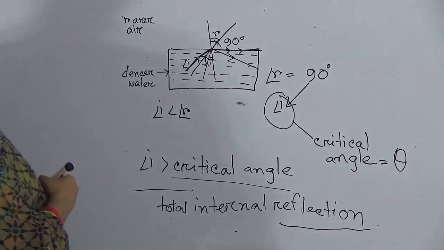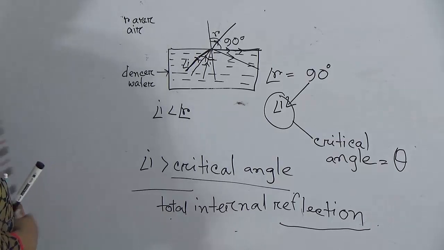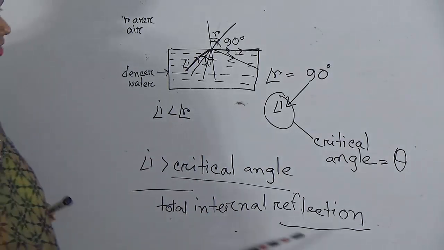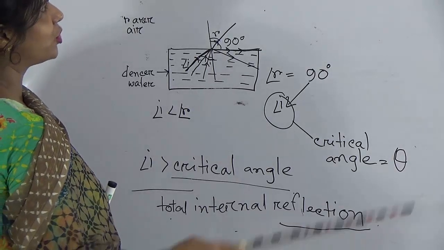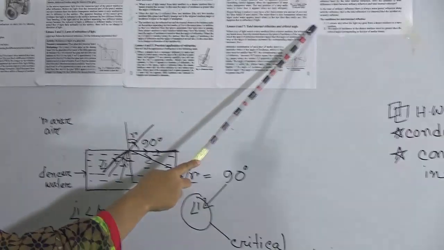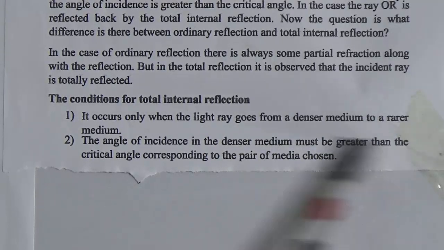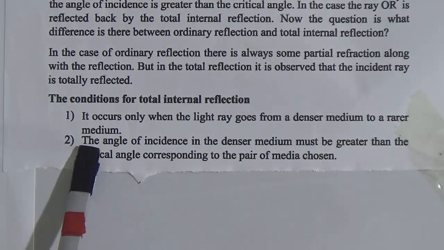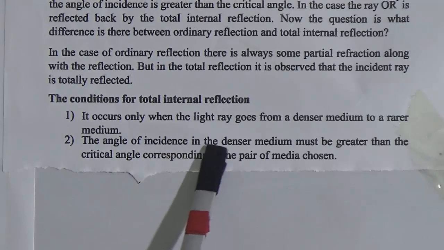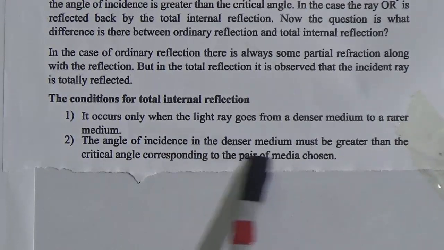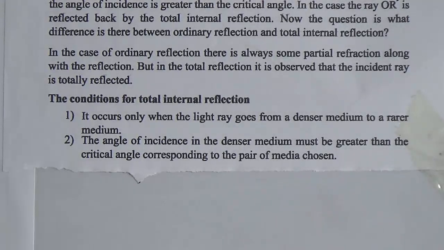That means there will be no refraction, but total internal reflection. Now come to the conditions of total internal reflection. First, it occurs only when light goes from a denser medium to a rarer medium, and second, the angle of incidence in the denser medium must be greater than the critical angle corresponding to the pair of media chosen.